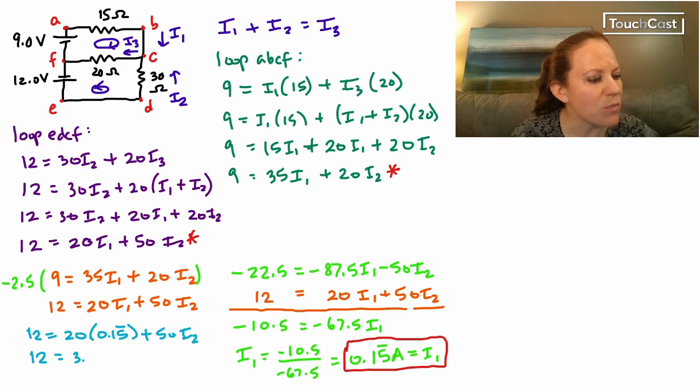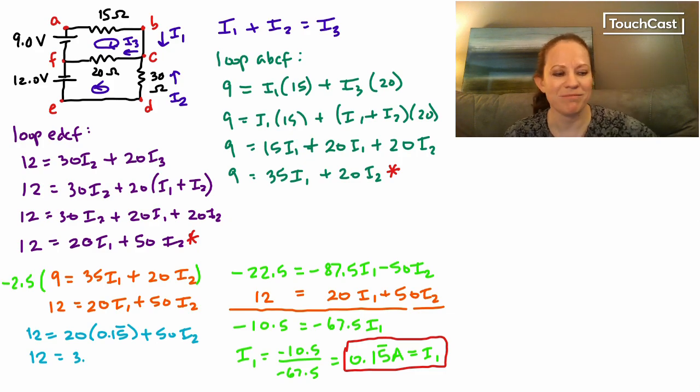Actually, give me just a moment. I can't read my own writing. 3.1, sorry. 3.1 repeating decimal plus 50 I2.